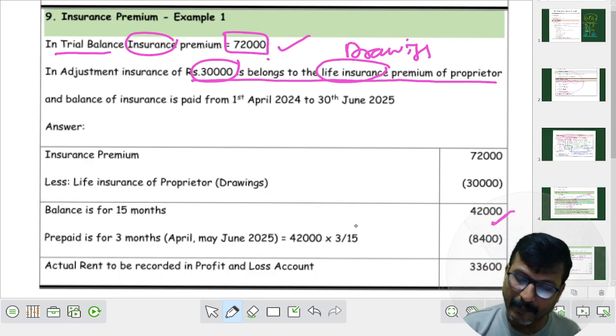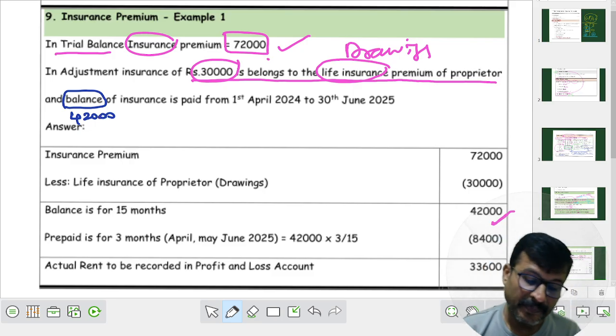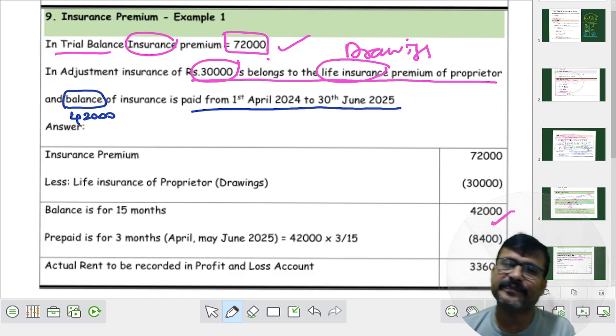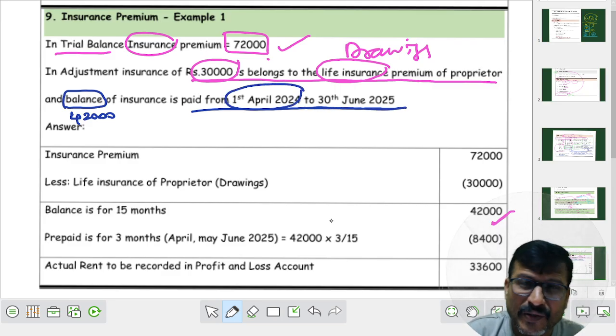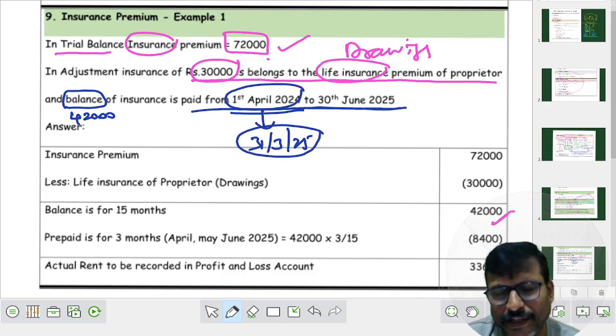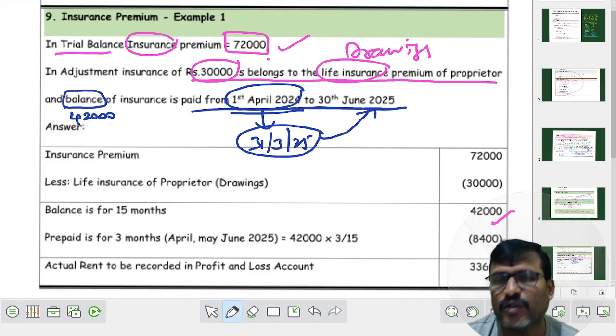Now see what they are saying: the balance of 42,000 is paid from April 24 to June 25. When the accounts were opened on April 24, obviously the accounts are closed on 31st March 25. That is the closing date. But you have paid up to 30th June.